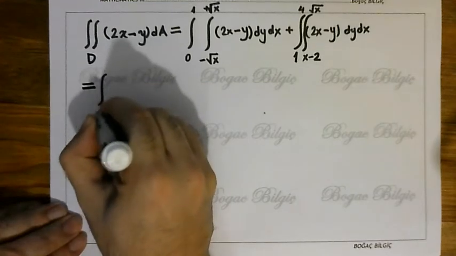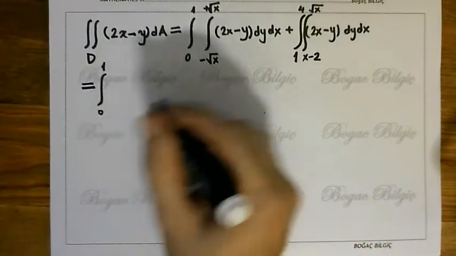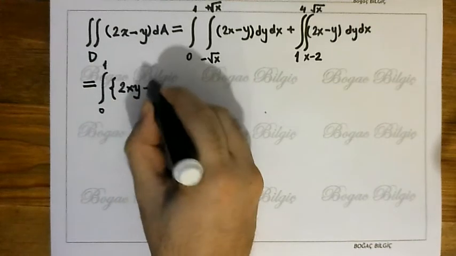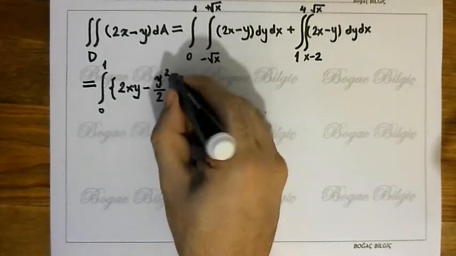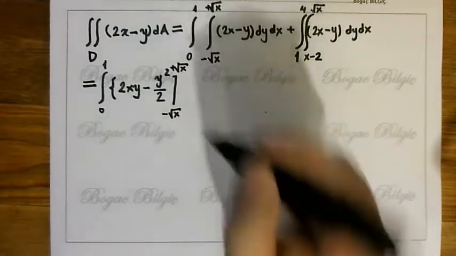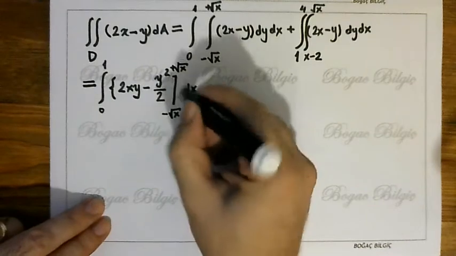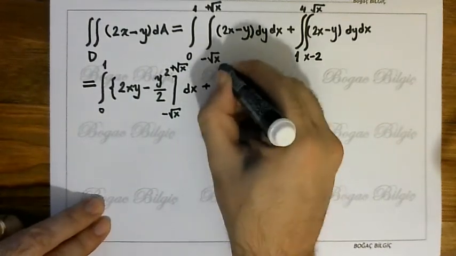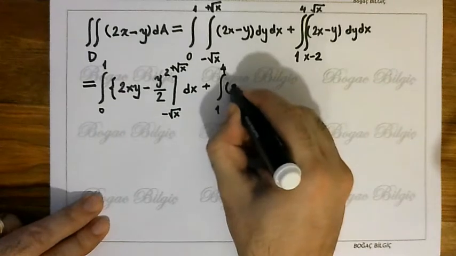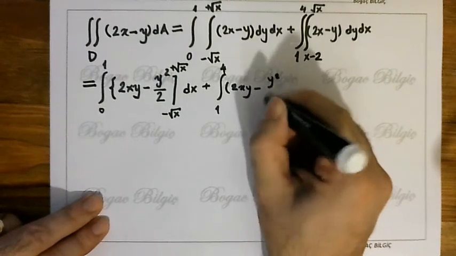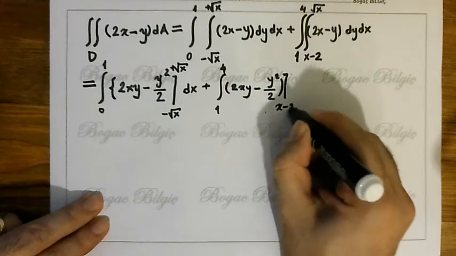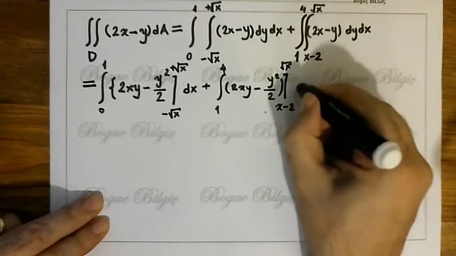x is from 0 to 1, integrating this term for y: 2xy minus y squared divided by 2, from minus root x to plus root x, dx, and then from 1 to 4, integrating 2xy minus y squared over 2, with lower boundary x minus 2 and upper boundary root x, dx.